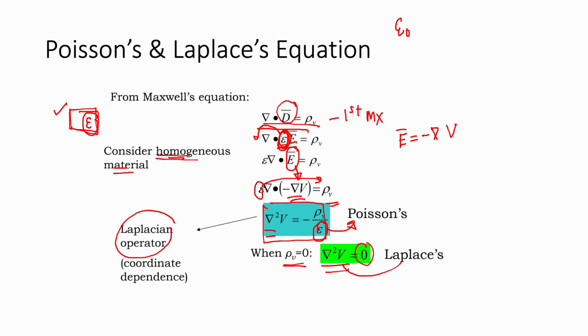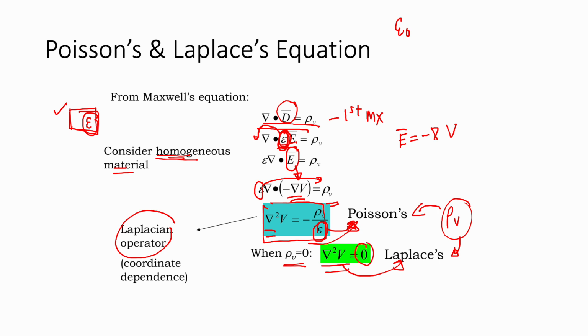This equation is known as Laplace's equation. If rho V is not equal to 0, it is known as Poisson's equation. To distinguish between Poisson's equation and Laplace's equation, you need to look at rho V. If rho V has a value, it is Poisson's equation, and if rho V equals 0, it is Laplace's equation.